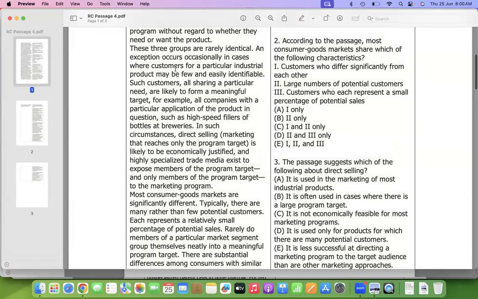The exception occurs when this happens. The example is what you've picked up, a particular industrial product. How does this take you to most industrial products? Yes, that's the mistake, I think.